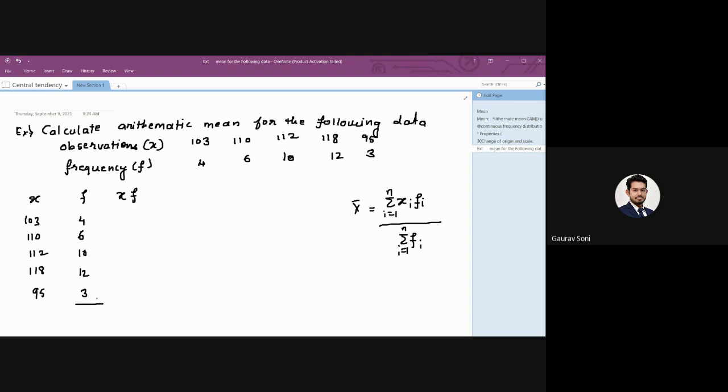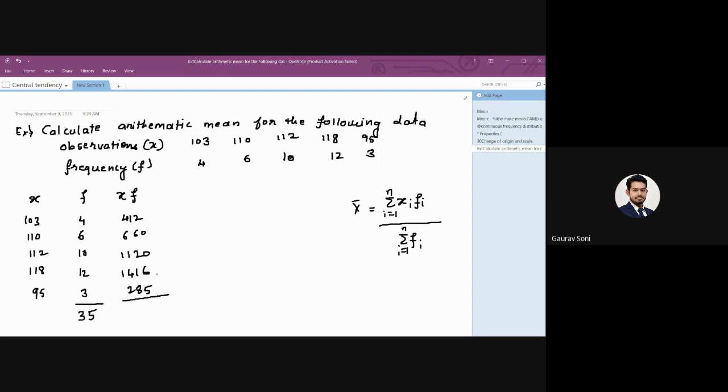What is the summation f? That is 4, 10, 20, 30, 35. Then x into f. 103 into 4 is 412, 660, 1120, 1416, and this is 285.